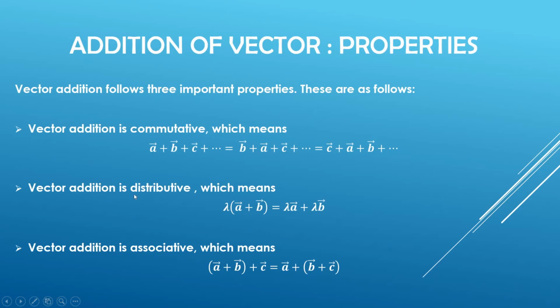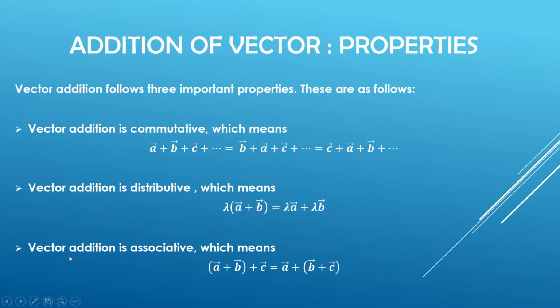This is the distributive law. The vector addition follows the distributive law. This means that lambda is a scalar quantity. If I multiply this by A vector plus B vector, then this scalar lambda will be multiplied by A vector and B vector individually and then added up.